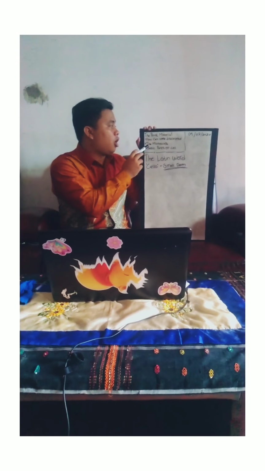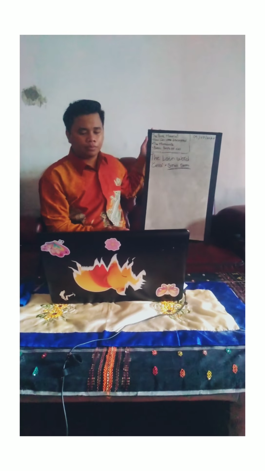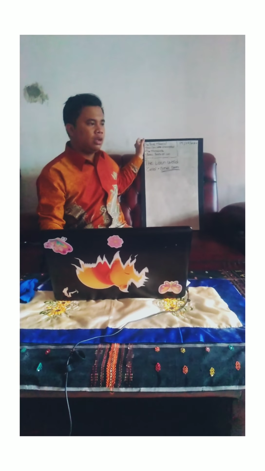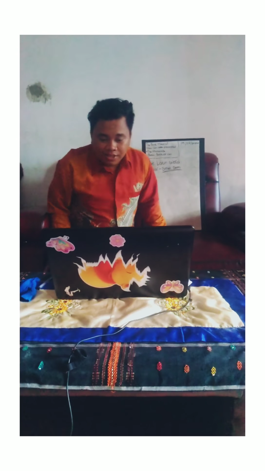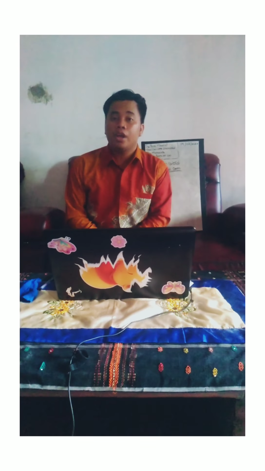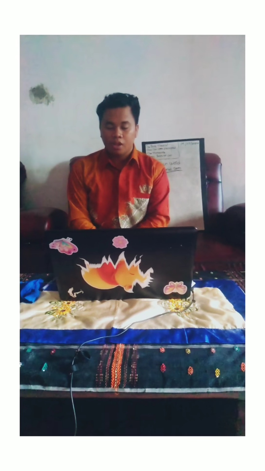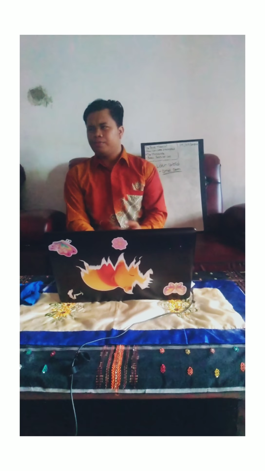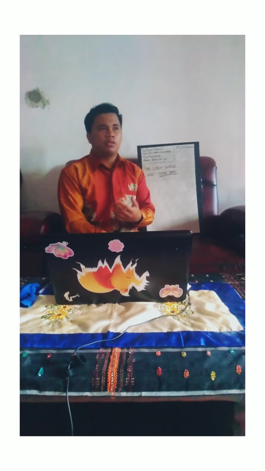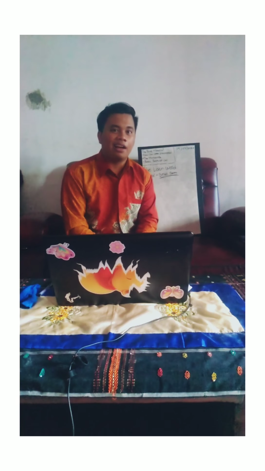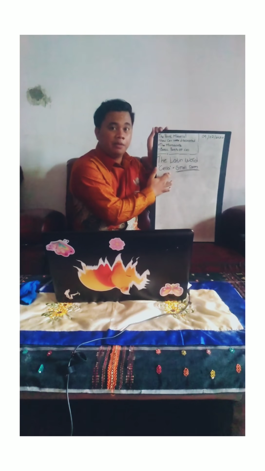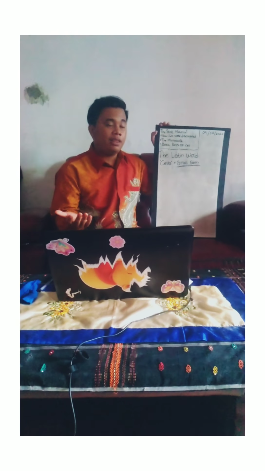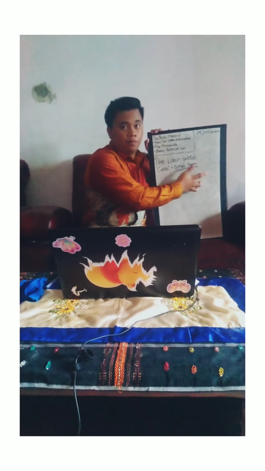The first is how cells were discovered. I will explain about how cells were discovered. Starting with the story of the cell. This word cell comes from the Latin word cella, which means small room.